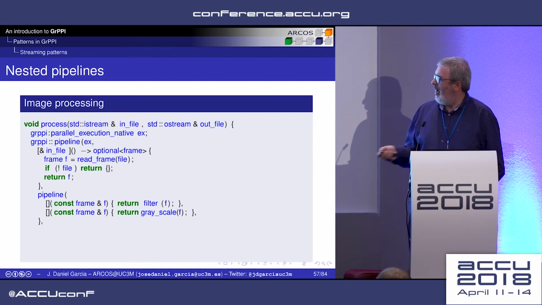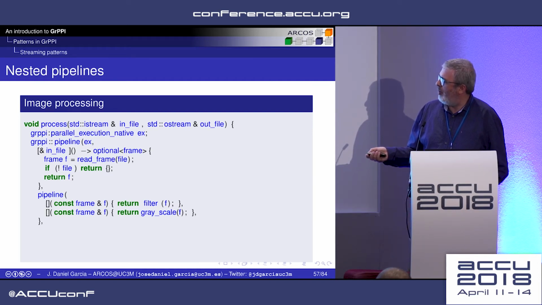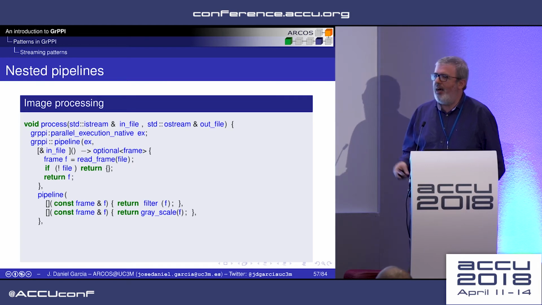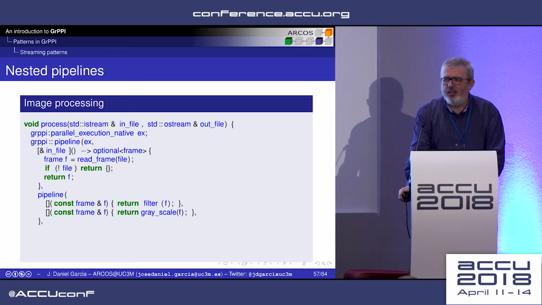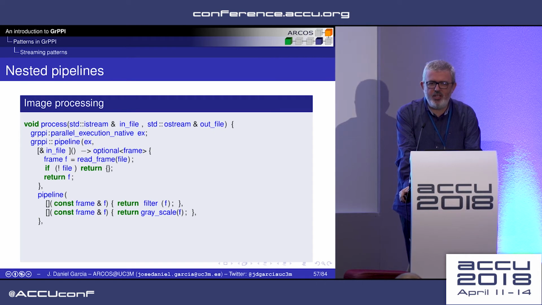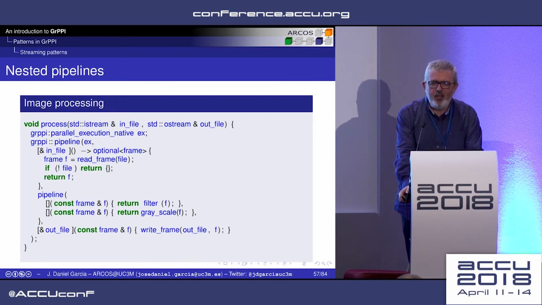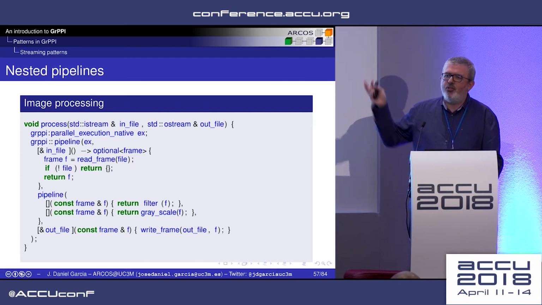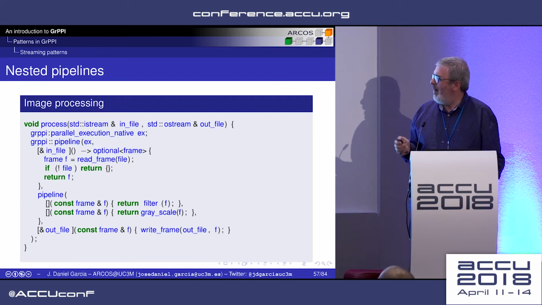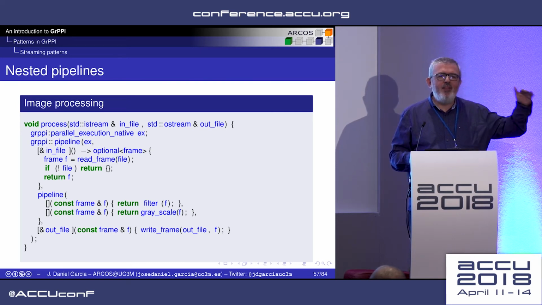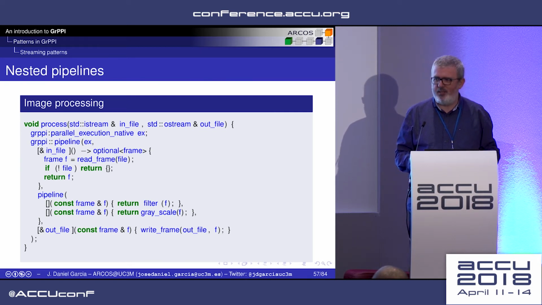And then I am again in the outer pipeline, and I have a last stage that writes on disk. So the idea of these inner pipelines is composability, because I can express my structure better, but also because I can express this by defining lambdas somewhere else.